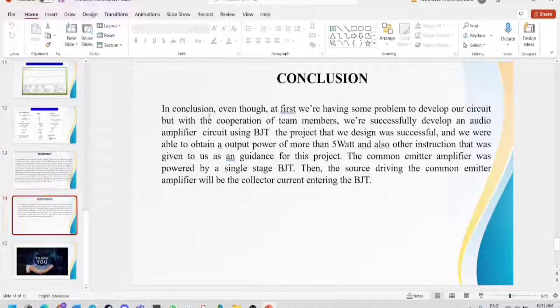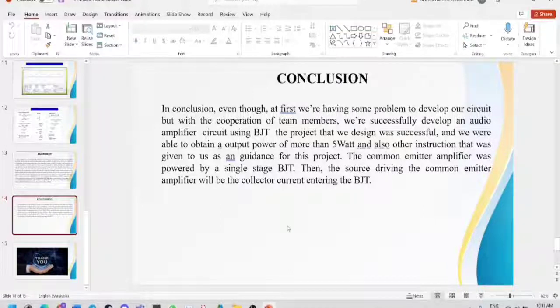So, in conclusion, even though our group had some problems developing the circuit, with the power of teamwork and the cooperation of our team, we successfully developed this audio amplifier circuit by using BJT.